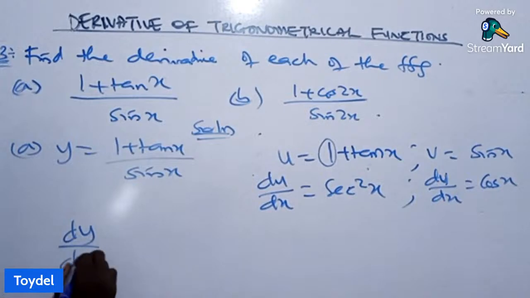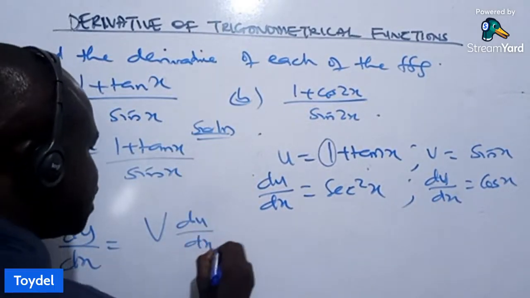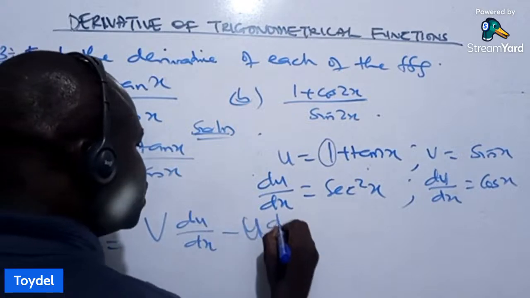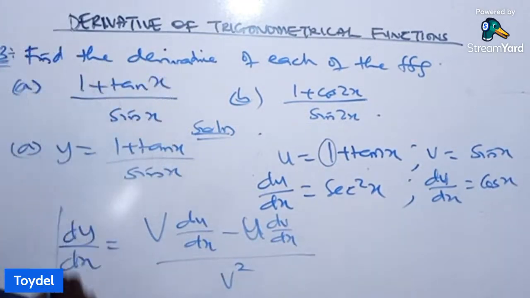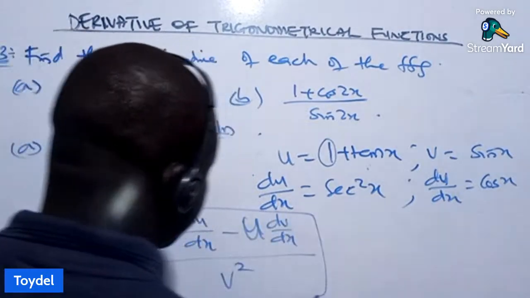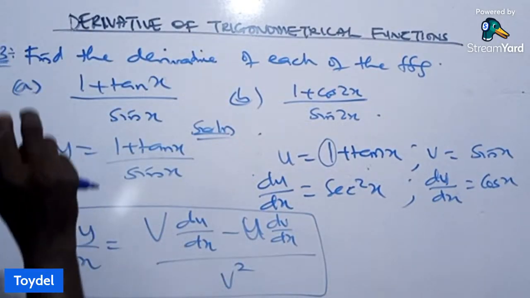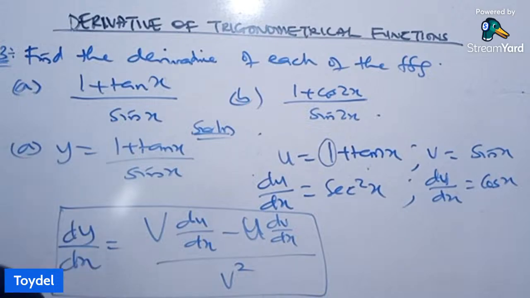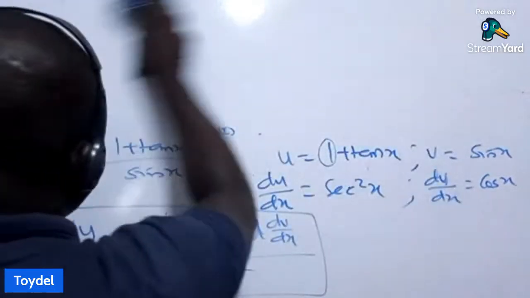How do I get the derivative here? Dy dx here is going to give me v du dx minus u dv dx all over v squared. Please, let's take note of this. When you have a function that is fractional, in the form of a quotient, this is how to find it. So please check my video on the quotient rule, the derivative of a quotient, so that will guide us.